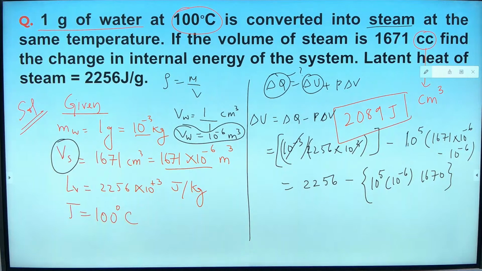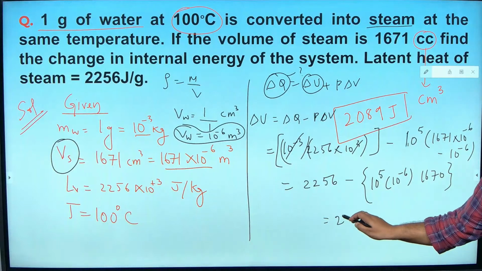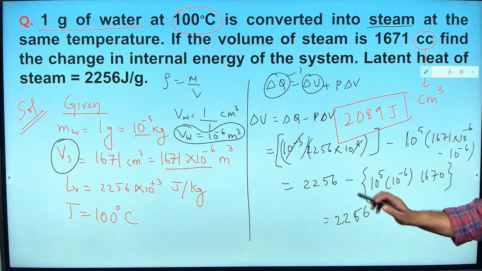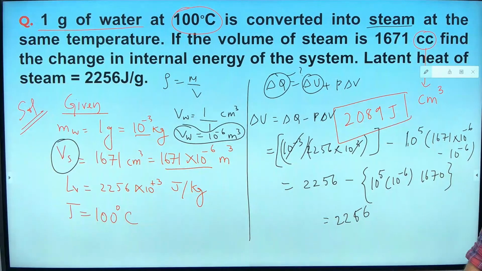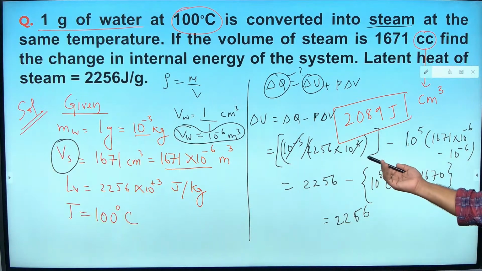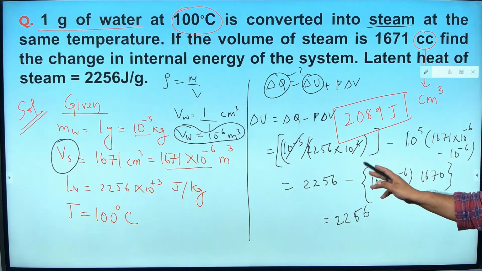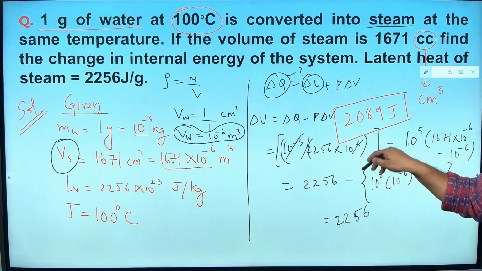Understanding? What I am doing, you are understanding or not? 10 to the power minus 6 I have taken outside. So 1671 minus 1 will become 1670. Now when you solve this, it is not division, it is multiplied.